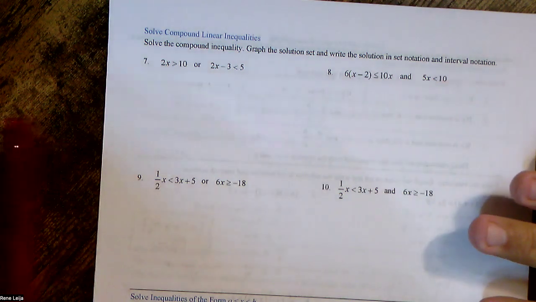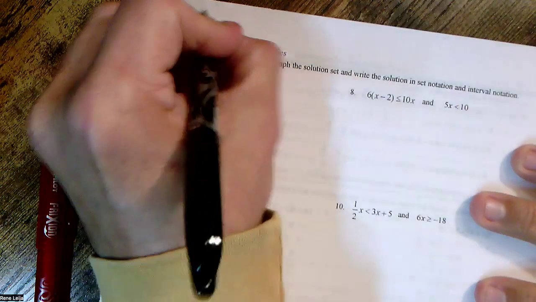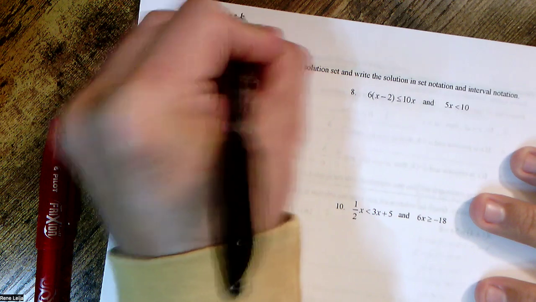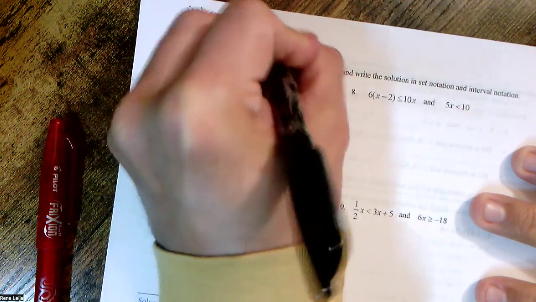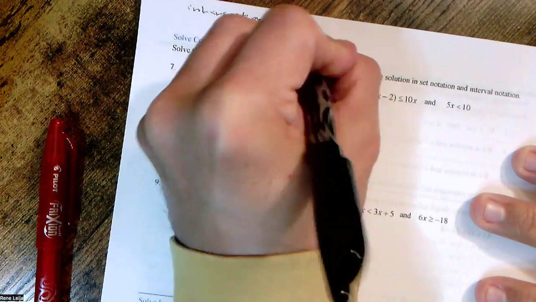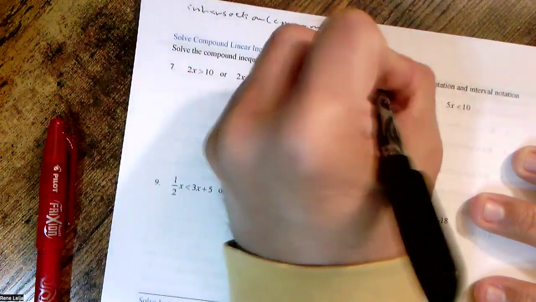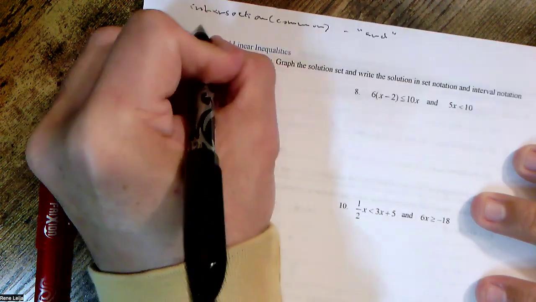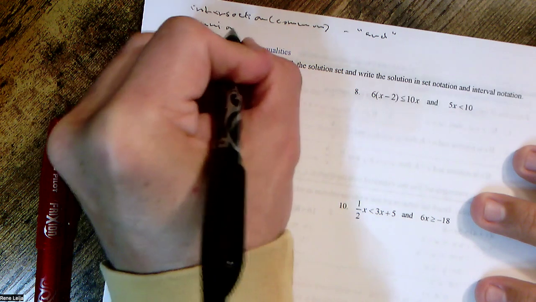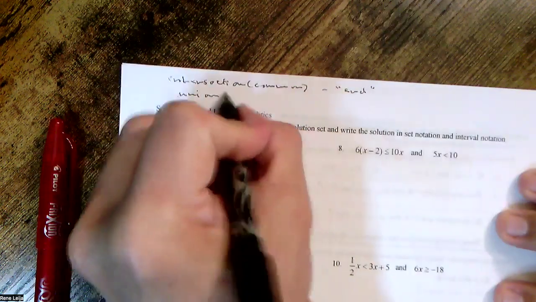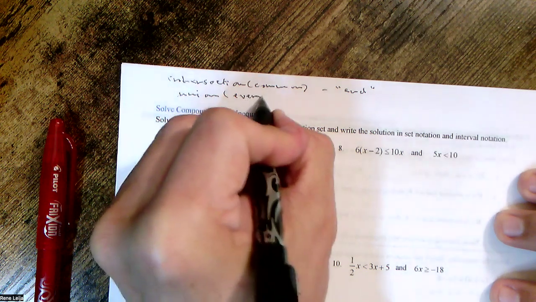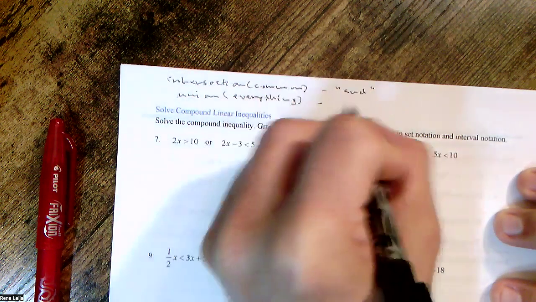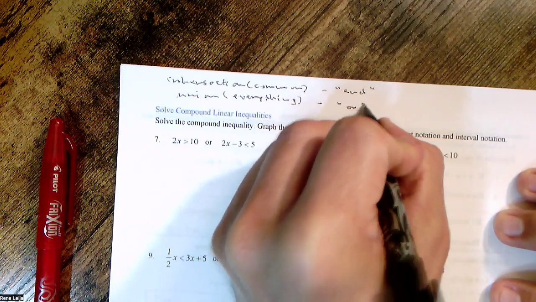So let me remind you, the intersection is what is common from both sets, and we use the compound word and. The union is where you want everything from both sets, and we use the compound word or.